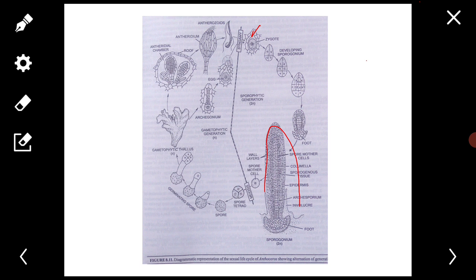The sporogonia of Anthoceros occur in clusters on the dorsal surface of the thallus. They are rod-shaped, elongated, straight or slightly curved, erect, and look like horns. Hence, the plants are popularly known as hornworts.